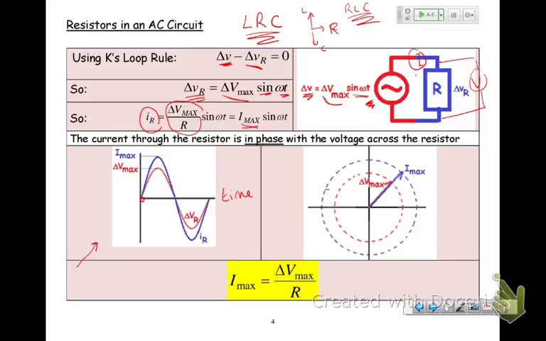When I make it all sine, so I can compare that guy there with this guy here, it's omega t plus pi over 2. So again, it's 90 degrees phase shift, but now it's phase shifted the other way. Whereas before my current was lagging, now my current is leading.